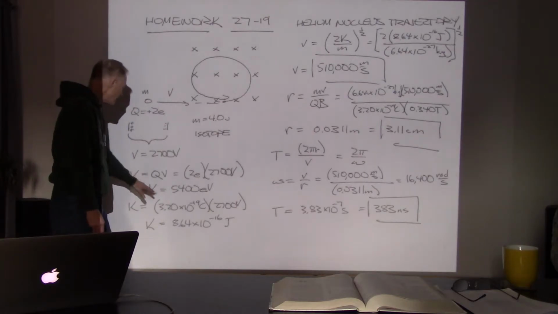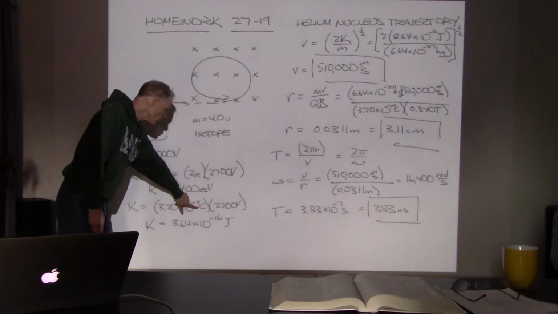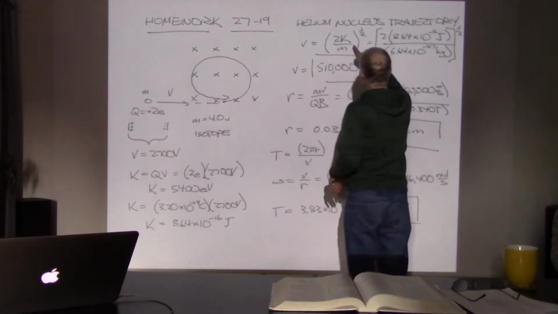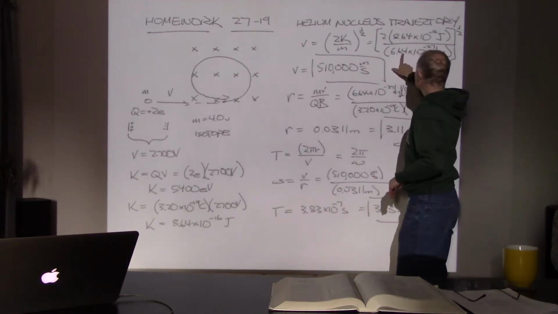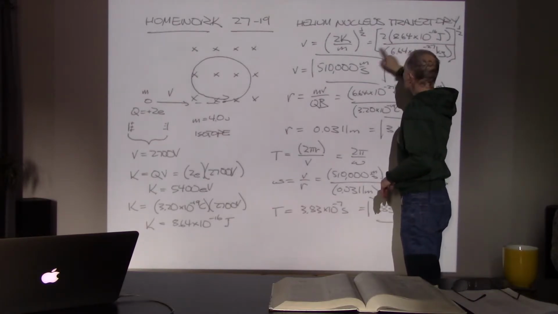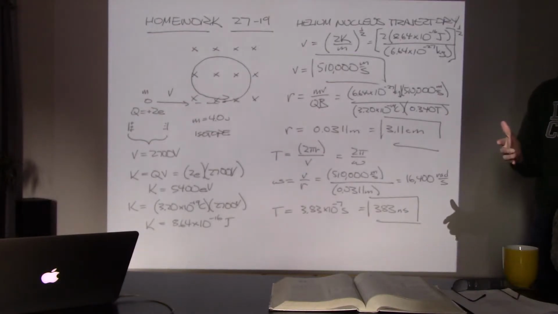So I redid this with a charge of 2e, but this time in coulombs, multiplied by the voltage, I got the kinetic energy, plugged it into my kinetic energy formula, and then I put in the mass. So this is the mass of helium-4, checked everything, made sure I did a square root, and it said that these helium nuclei are coming in at 510,000 meters per second. So that's it.